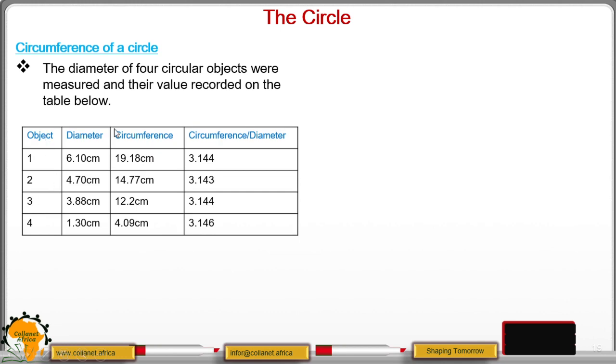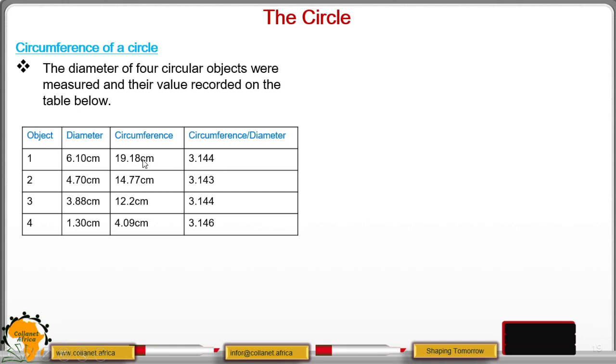Now, we did that, and we were able to get the diameter of 4 objects and their circumference. Then, in the last column, we divided the circumference by the diameter. By so doing, we found that the first value gives 3.144.